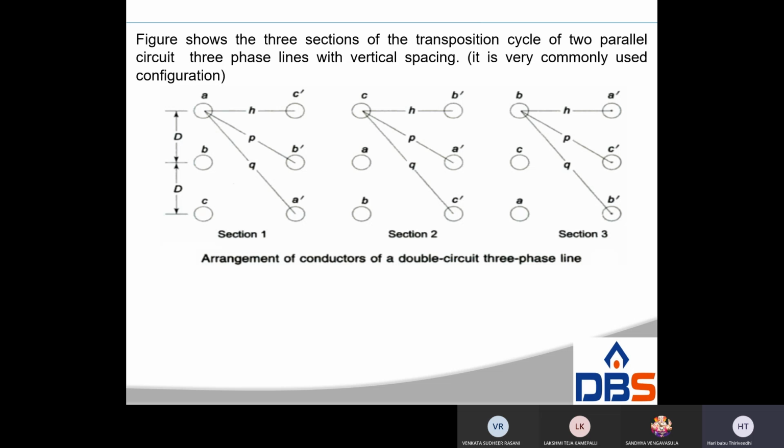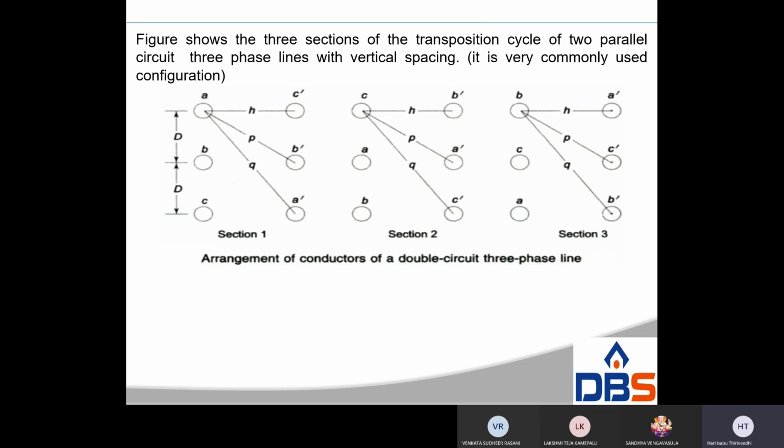Now how to determine the mutual GMD? DM1 or DAB is equal to DAB, DA dash B dash, DA dash B and DAB dash, whole power 1 by 4. Similarly, DBC, DB dash C dash, DB dash C, DBC dash whole power 1 by 4.